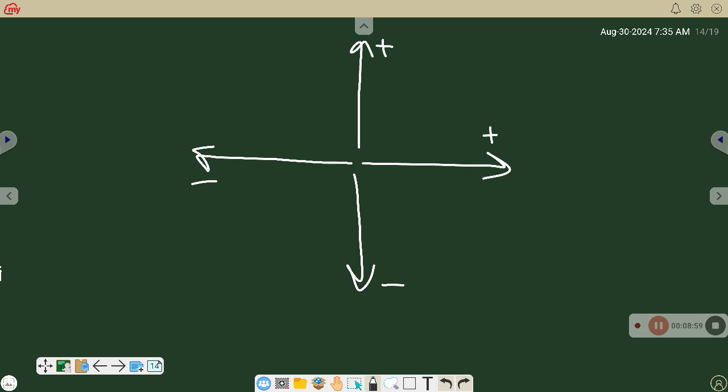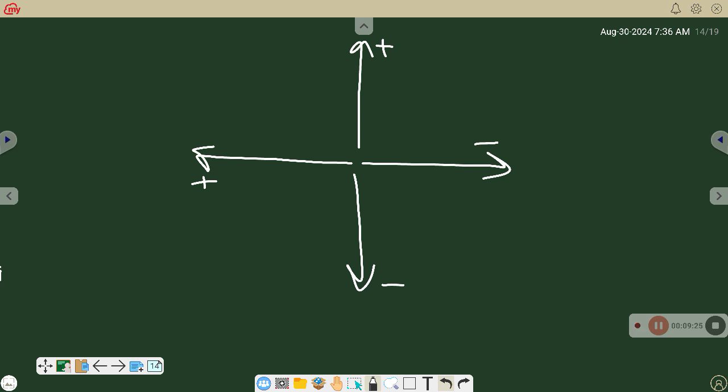It is kind of just a convention that we use in physics to help us all be on the same page for the most part. But in reality, I could take this and totally flip it around. Let's say I wanted to do a problem, and sometimes in certain situations, it would be helpful for me to say that to the right is negative and to the left is positive. I can do that. There's nothing saying I can't do that.